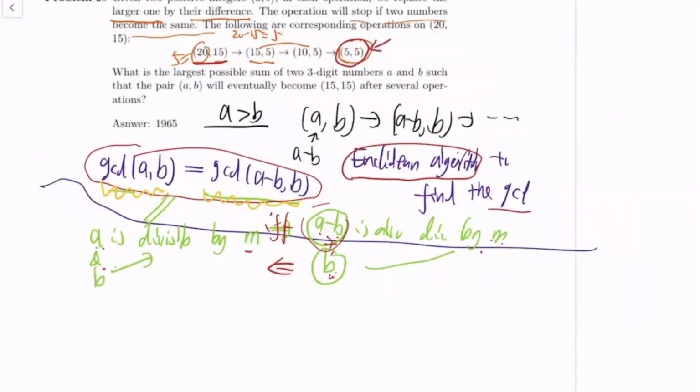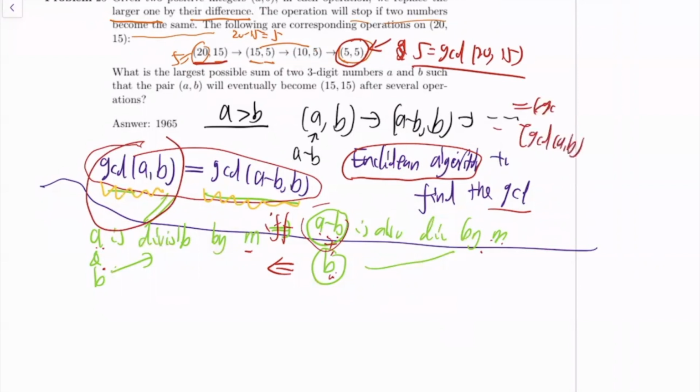So the point is, eventually 5 equals the GCD of 20 and 15. You start from two numbers, and the last one you end up with is just the GCD of these two numbers, the GCD of A and B.